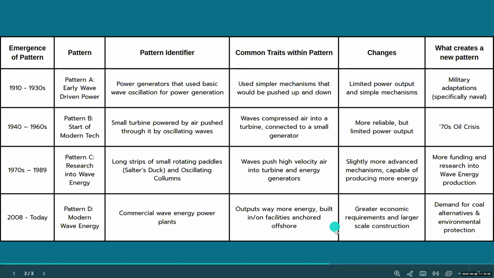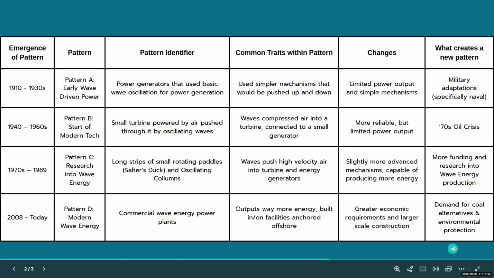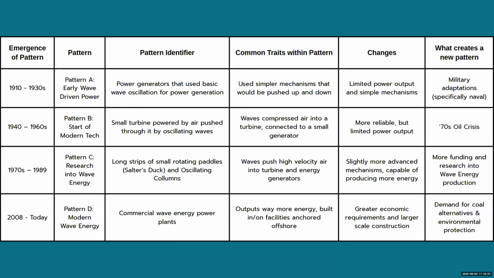A lot of them share this trait: the wave pushes air up and down through a turbine that generates power. That was simply the original design for a wave power generator.